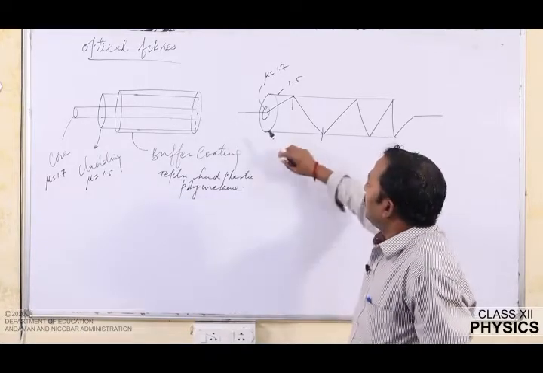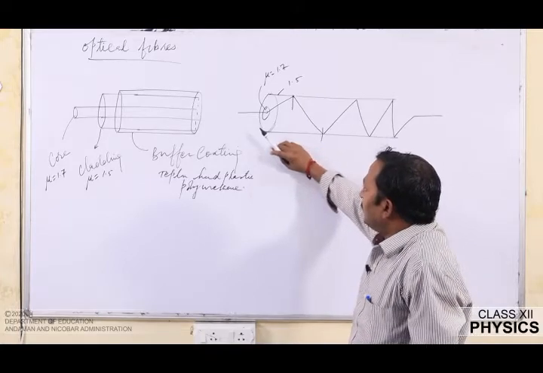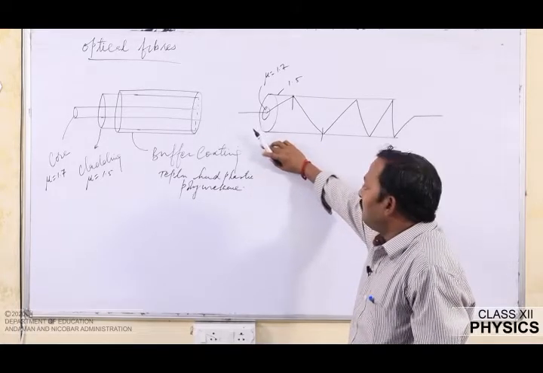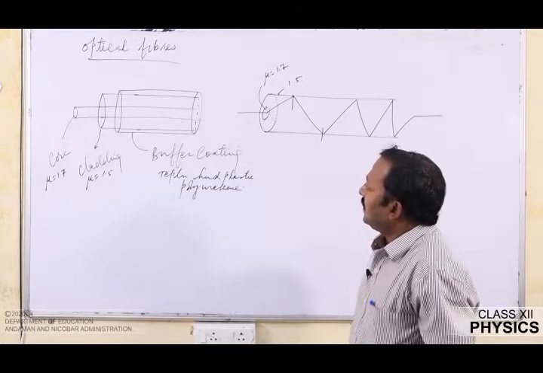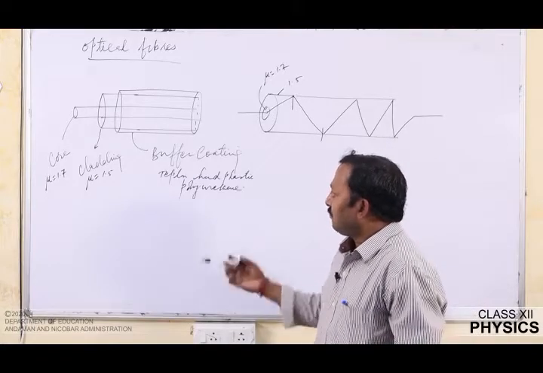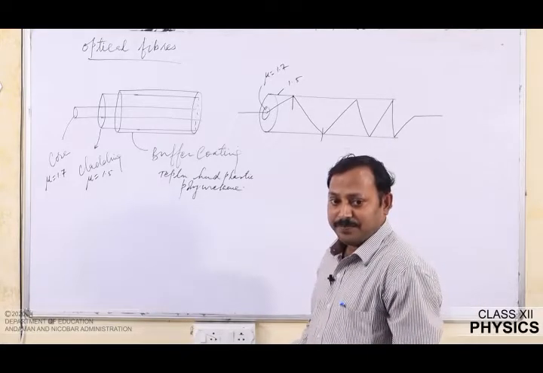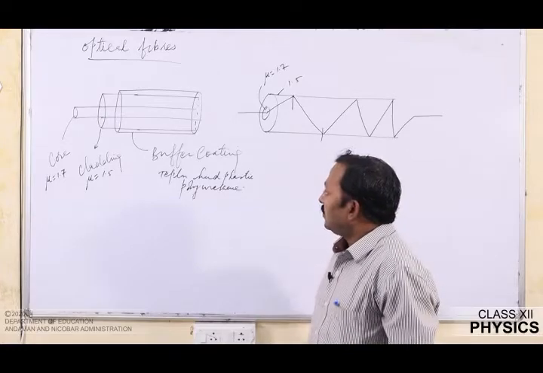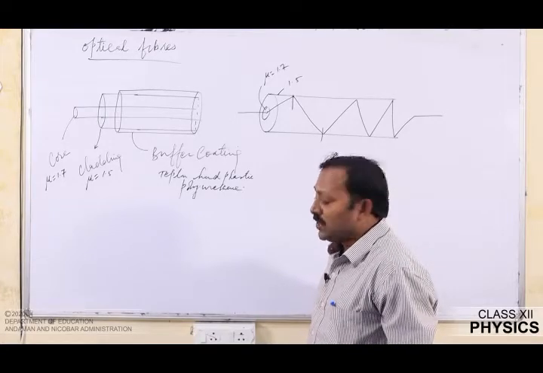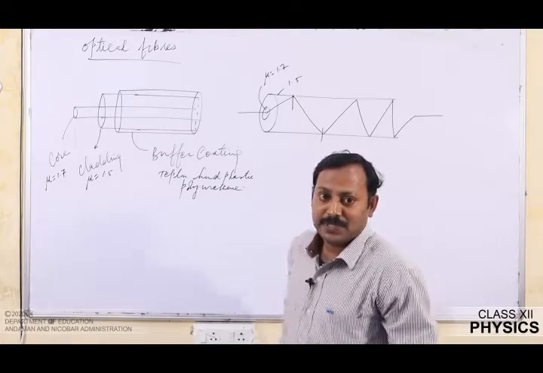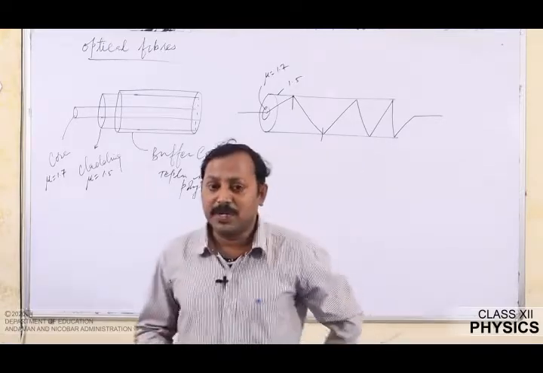They can also be used to transfer two-dimensional pictures from one point to another, to pass laser beams, and in internet communication systems, etc. So, these are some of the uses of optical fibers.